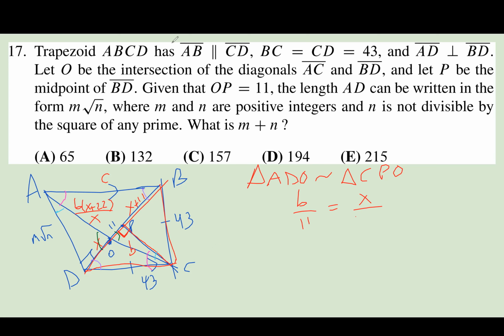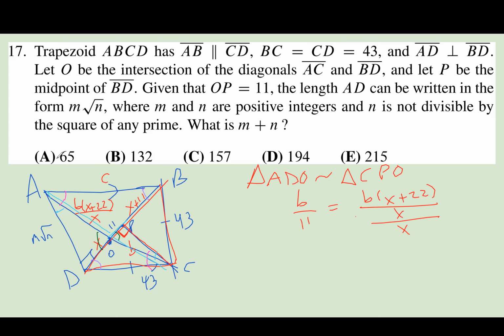But remember, we found a new expression for a in terms of b, which is (bx plus 22b) over x. Then we have b over 11 equals (bx plus 22b) over x.